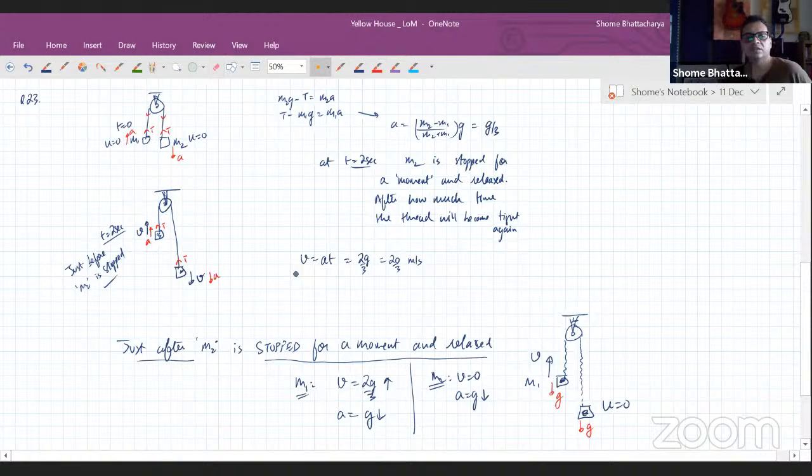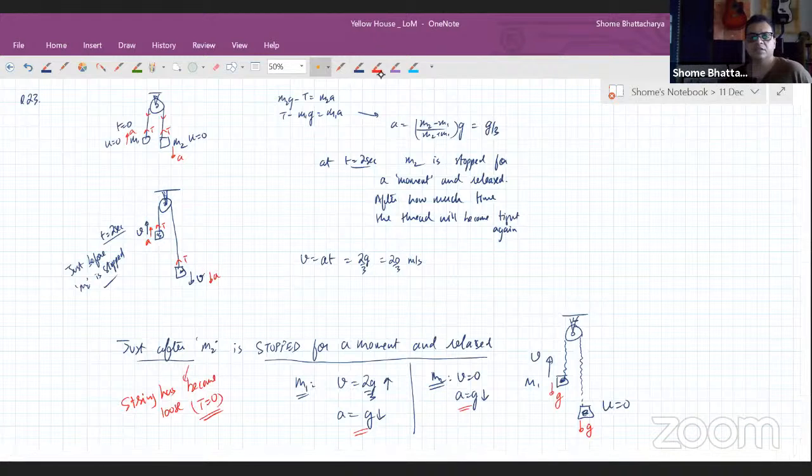Just after M2 is stopped and released, the string has become loose. So tension has become 0, and that is why both of them are now having a free fall acceleration of g.